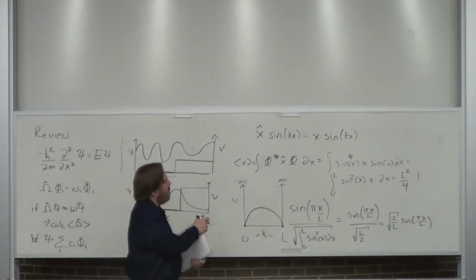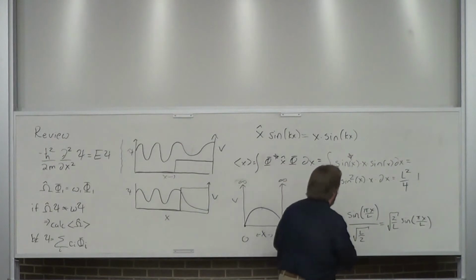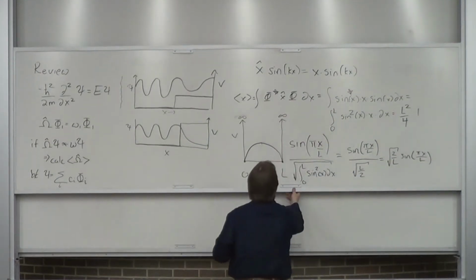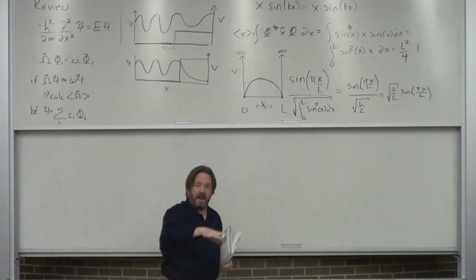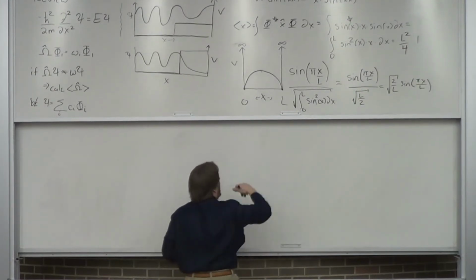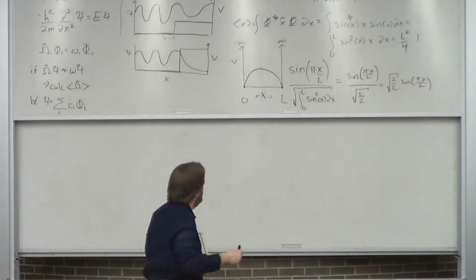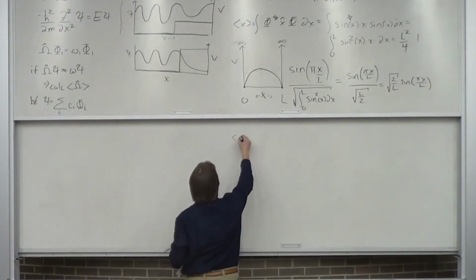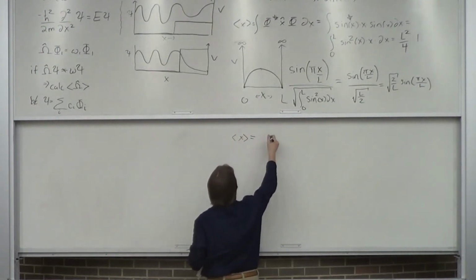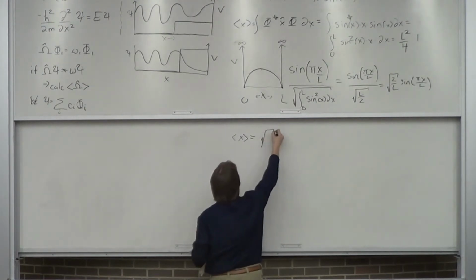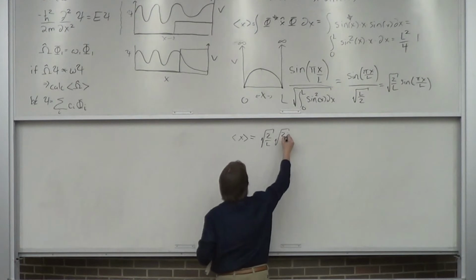Okay, so had we normalized it to begin with, here, I'll just keep working down. Had I not forgotten the normalization constant, what I would have actually integrated is this: 2 over square root of L times the function.